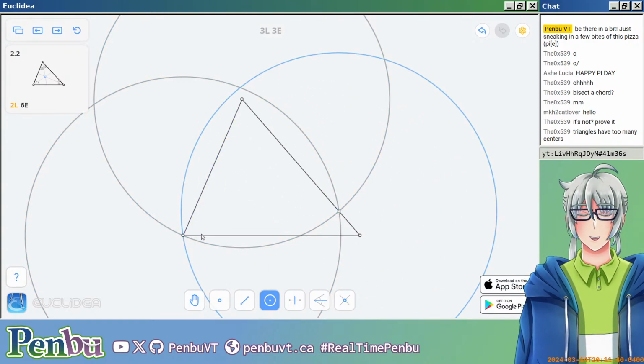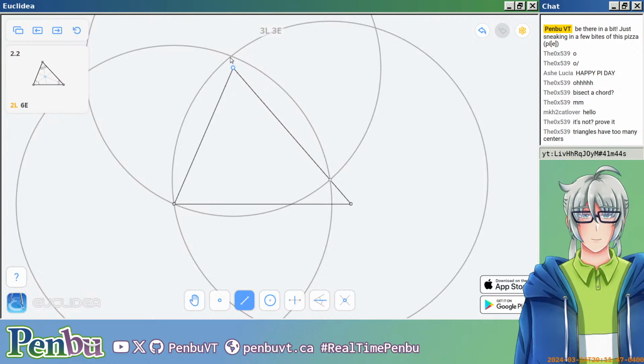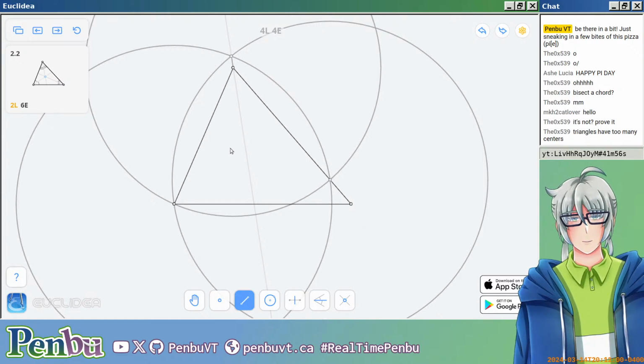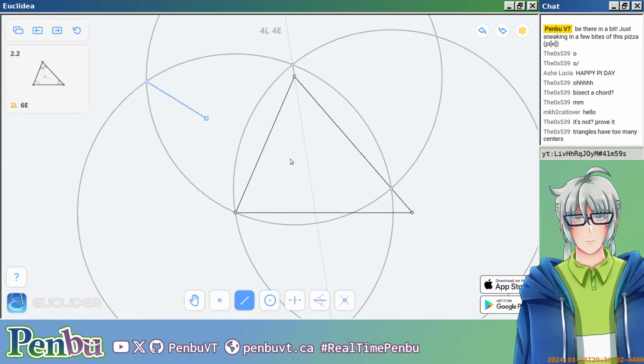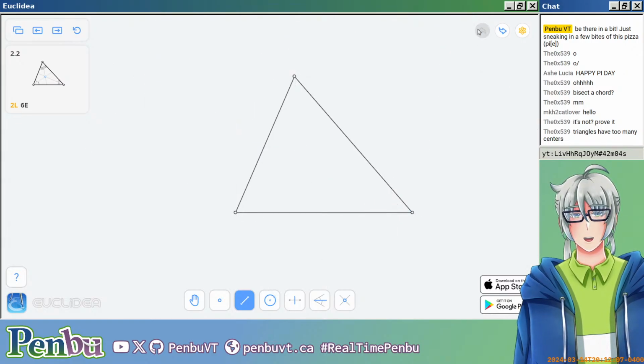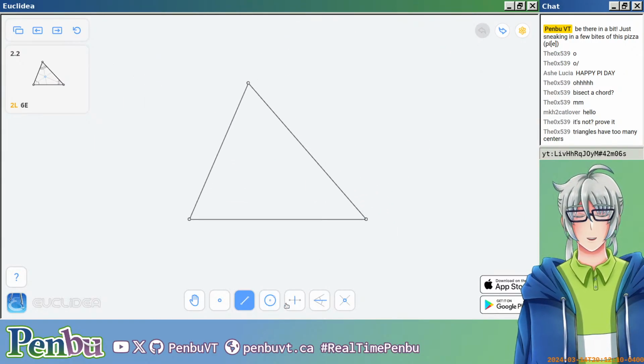No, this can't be right. That definitely does not look like the center. And this probably isn't the center either. We can reuse a couple of circles. But how do we do that?